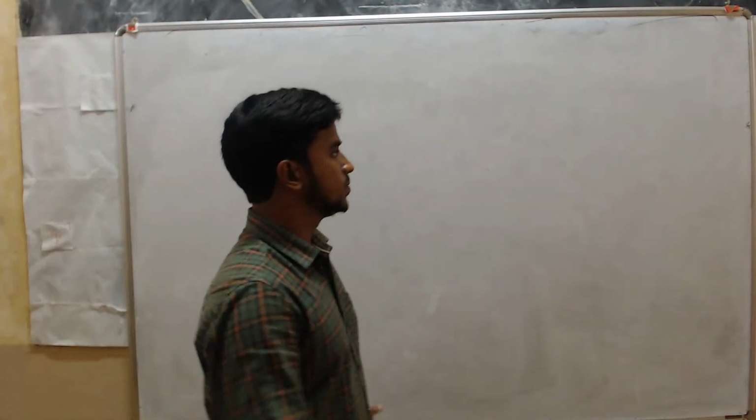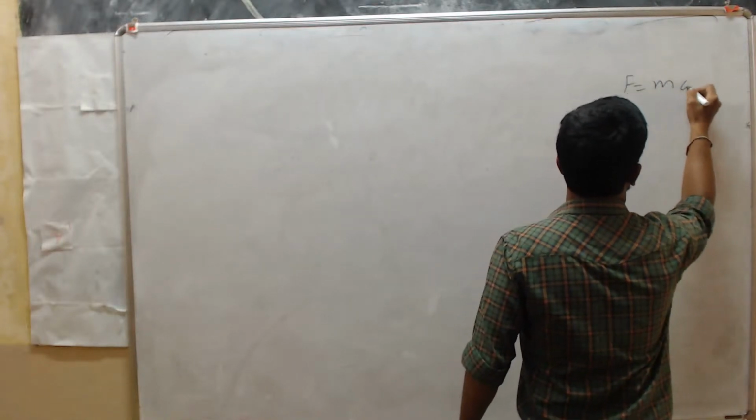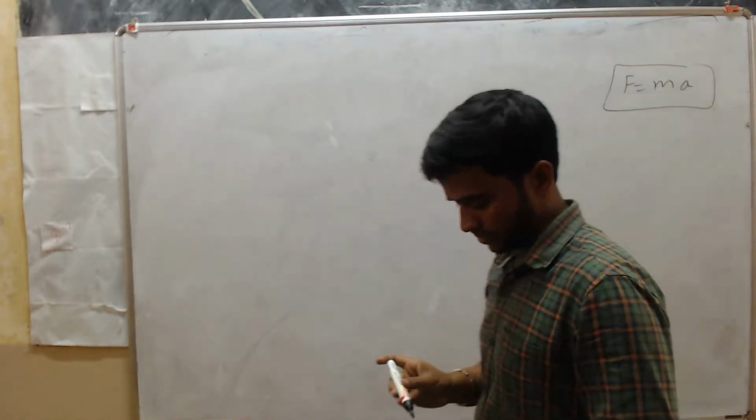See here. So now we should prove this F equals m into a. So how to start this one? To prove that, how to start? Here we need force, and we need m and a.